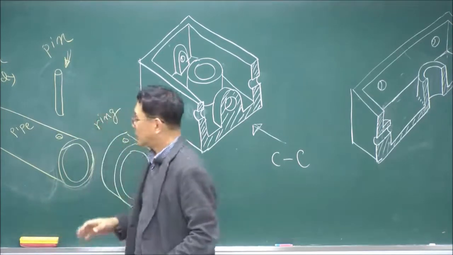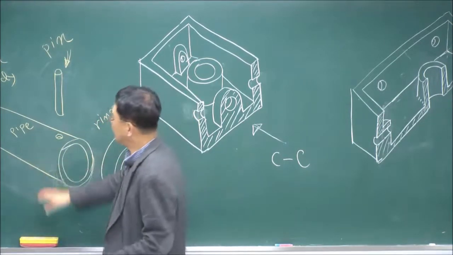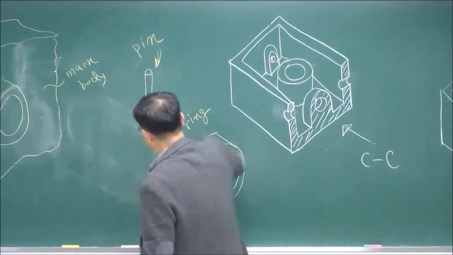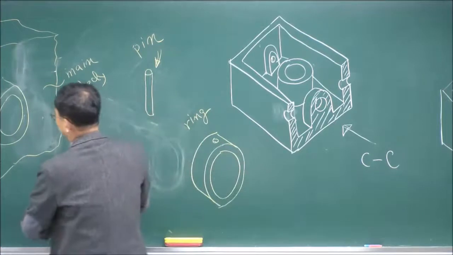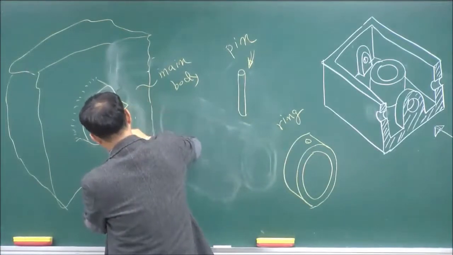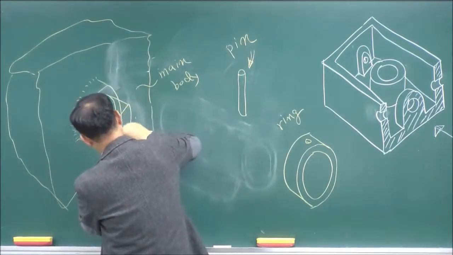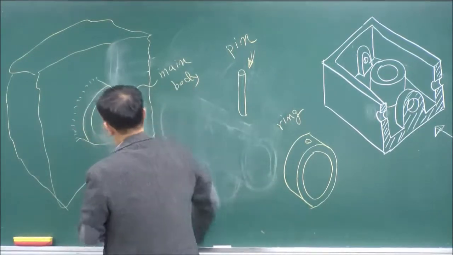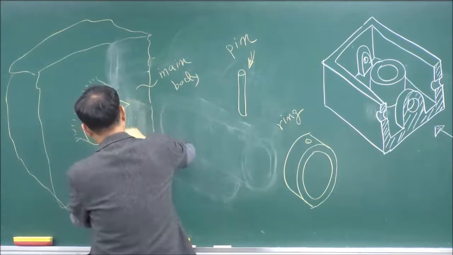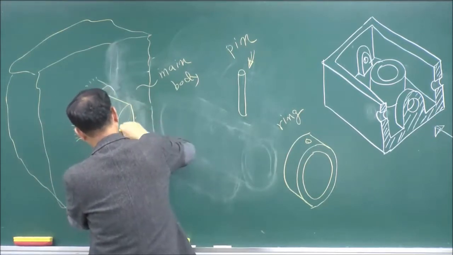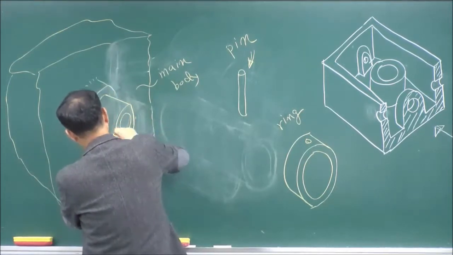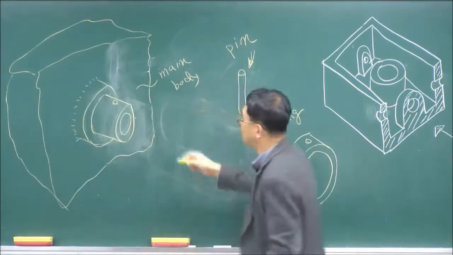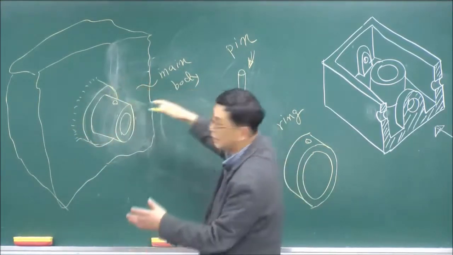So in the main body, the pipe is inserted, then it becomes like this. So the pipe is assembled, and you may see a through hole here. The pipe is assembled into the main body.